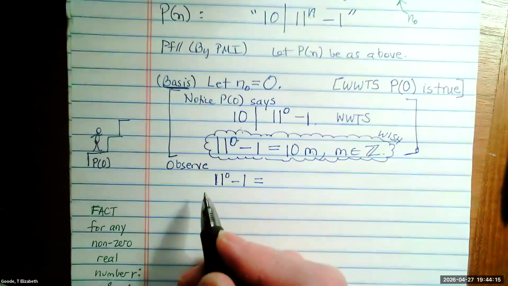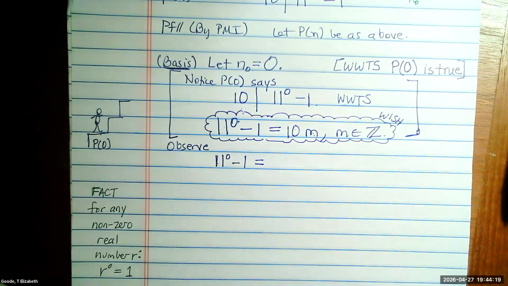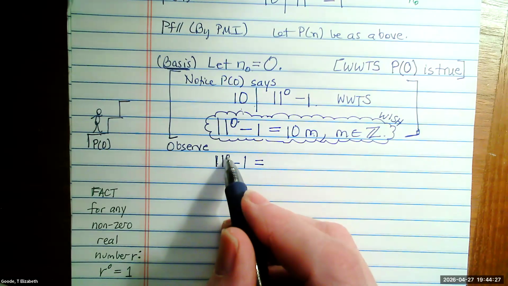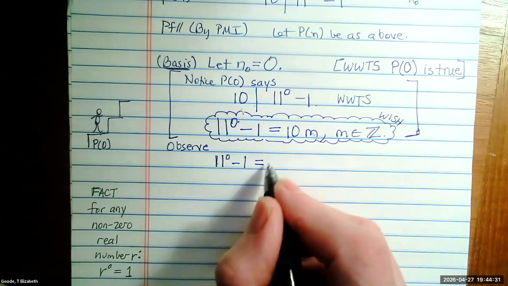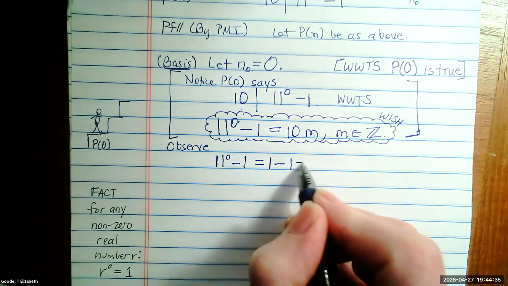It's not 0. So 11 to the 0 is 1. Not anything to 1. 11 to the 1 is 11. But anything to the 0 is 1. So this is 1 minus this 1. So what is that?